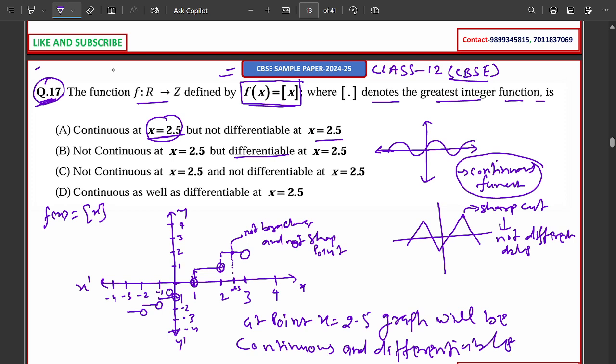So that is the reason behind it. So the function is continuous as well as differentiable at the point x equal to 2.5. So this option will be the correct one for this solution.